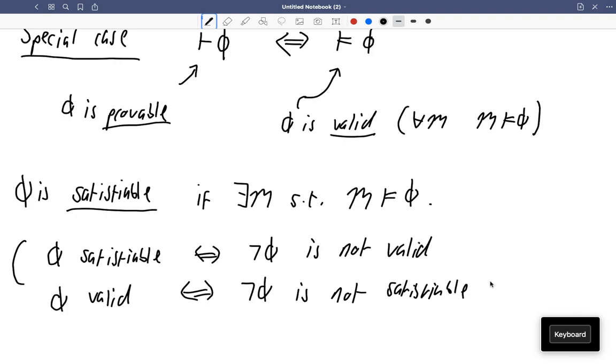Okay, so we've seen that we're in a similar position with predicate logic that we were in with propositional logic. At the moment, it looks very similar.